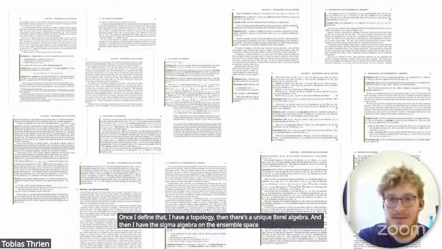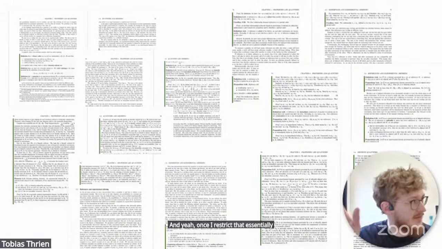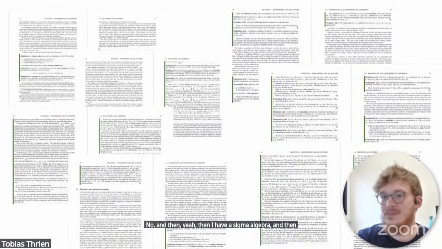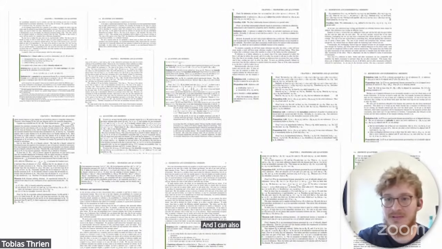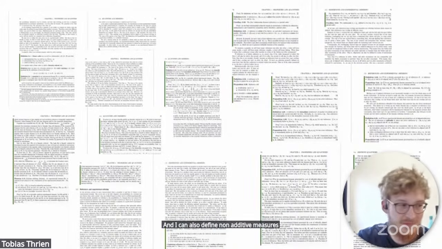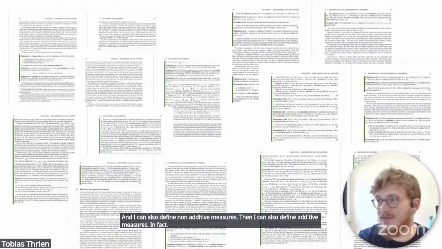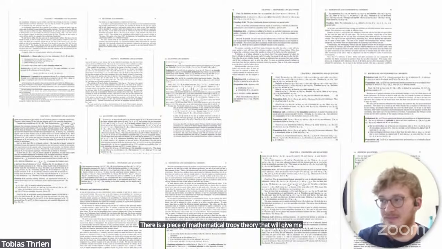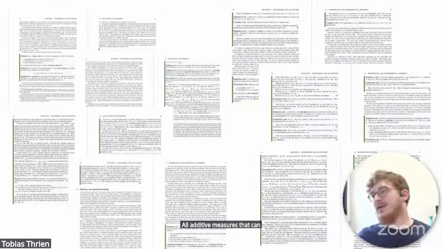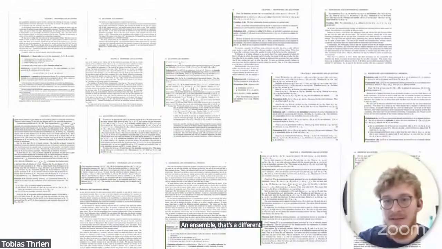Then I can define measures, both non-additive and additive. In fact, there is a piece of mathematics called Choquet theory that will give me all additive measures that can represent an ensemble. That's a different topic, but we have all of that.